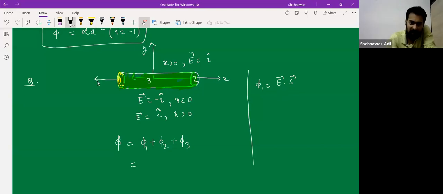The surface area is in the minus I direction, and you are calculating for x less than 0, so you have minus I for E here. This is the direction of E, so minus minus gets cancelled and this is positive. Let's say this is radius R, so the area would be pi R square. Okay, understood?